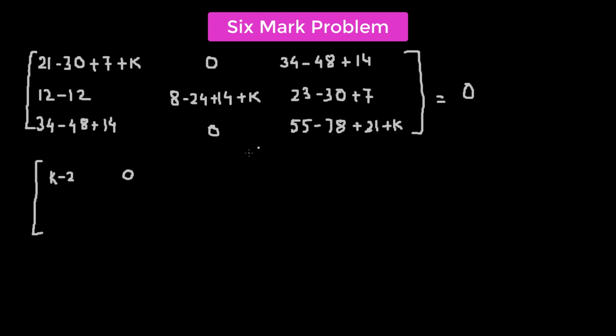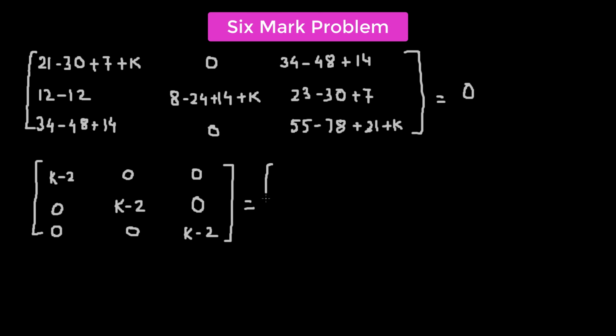Then 34 plus 14 is 48, 48 minus 48 gives us 0, 12 minus 12 gives us 0, 14 plus 8 gives us 22, so 22 minus 24 gives us negative 2, so we have k minus 2. 23 plus 7 is 30, 30 minus 30 will give us 0. 34 plus 14 is 48, so 48 minus 48 gives us 0. Next entry is 0, and the final entry is 55 plus 21 is 76, so we'll be left with k minus 2.